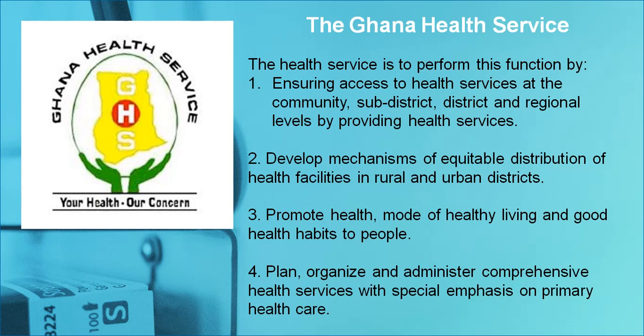Two, they are supposed to develop mechanisms for equitable distribution of health facilities in rural and urban areas, okay, so that we don't have hospitals and clinics only in urban areas to the detriment of rural folks who are doing the farming and don't even have any good hospitals. It's the duty of the Ghana Health Service to ensure that they develop mechanisms for equitable distribution of health facilities.